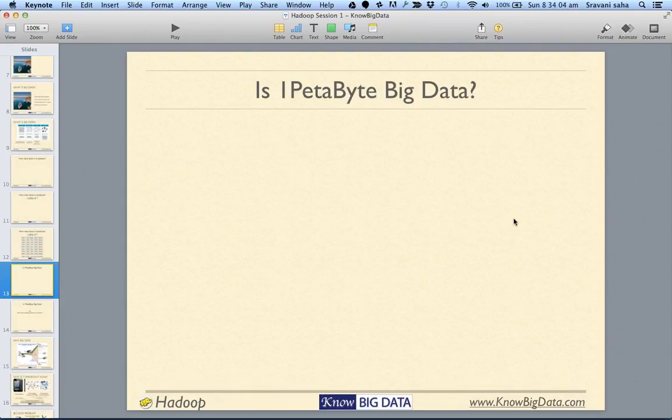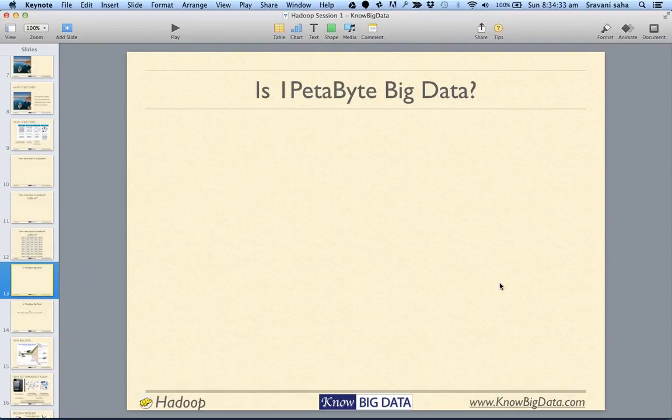Okay, this is interesting. And why do you say so? Give me a little bit of reasoning. Or let me ask you a counter question. How are you going to handle 1 petabyte of data? Actually, I'll go through an exercise where we will realize why I say that 1 petabyte of data is big data.